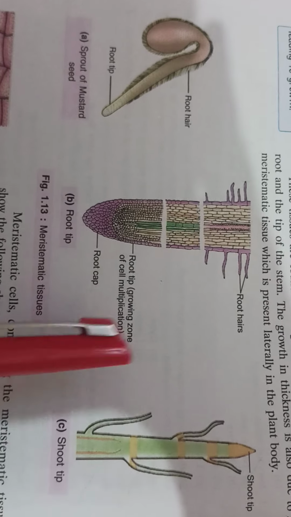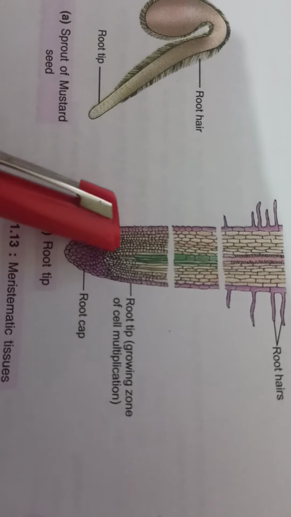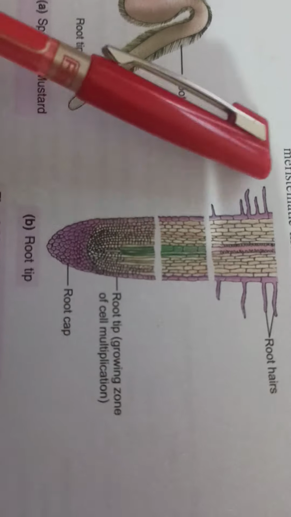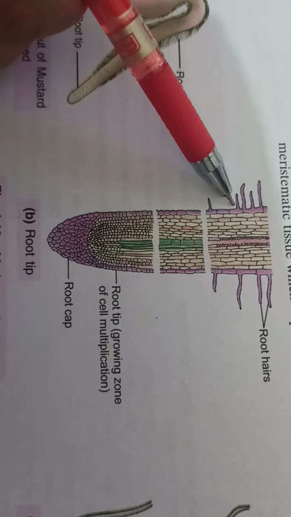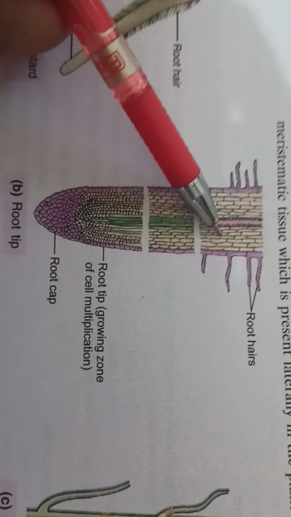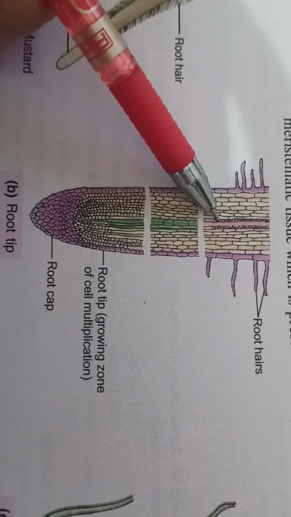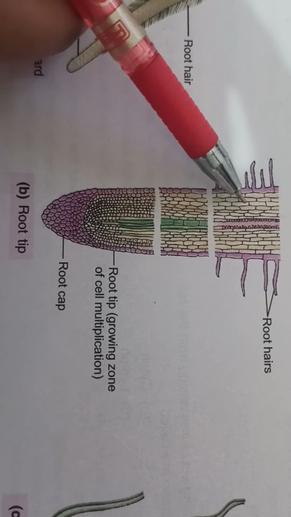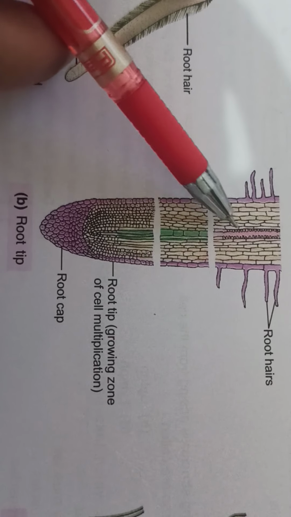Now the characteristics. Look at the diagram. These cells are very small with a thin wall structure, and the cells are rich in cytoplasm. It means cytoplasm is present in a very large amount, and a small prominent nucleus is present in all the cells.